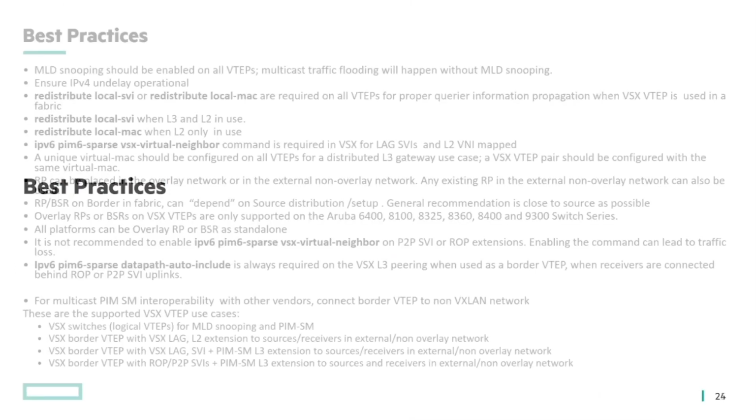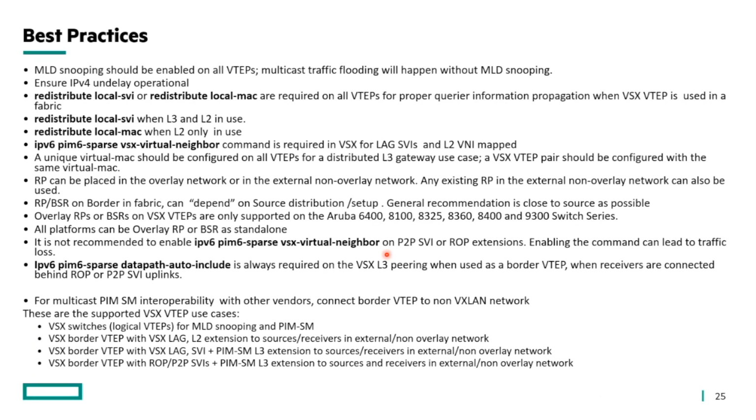So let's talk about some of the best practices. I think we've covered a lot of this. We should enable MLD snooping on all VTEPs, otherwise we're going to get flooding. Ensure the v4 underlay is operational before you start anything. I've gone into detail about why we need redistribute local SVI or local MAC.